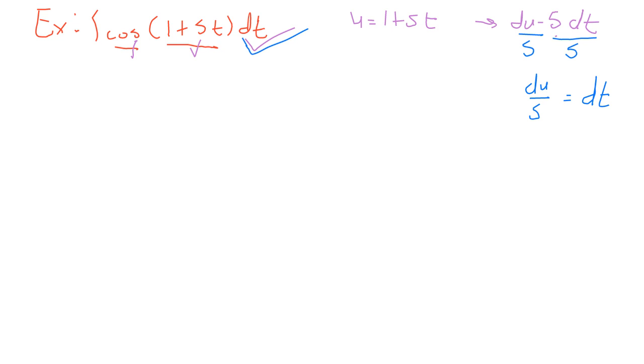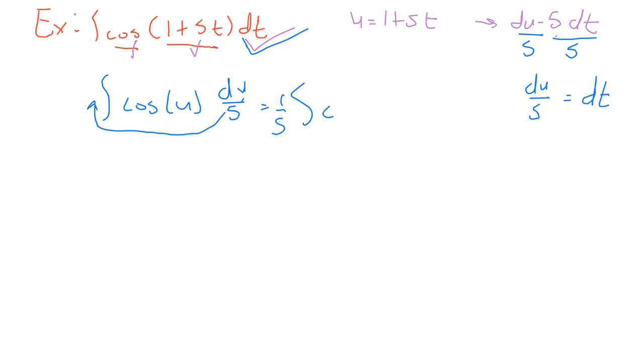Now we can plug this in. We have cosine of u times du over 5 to replace that dt. To make it a little easier, I like to pull any constants out in front to get us 1/5 times the integral of cosine of u du.